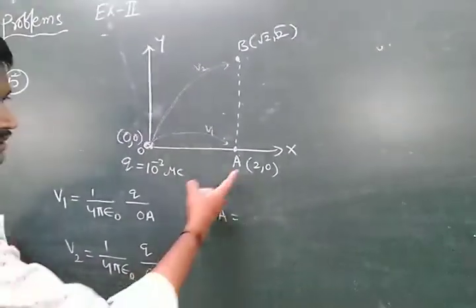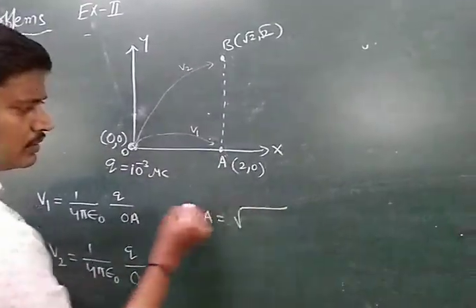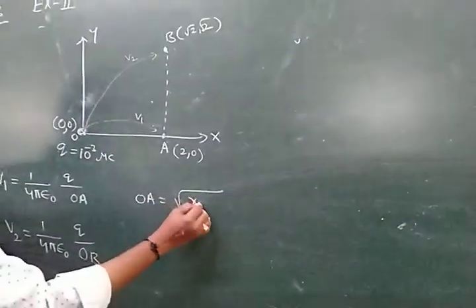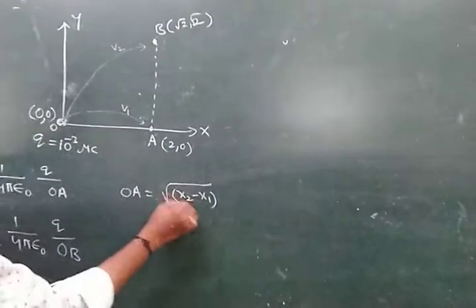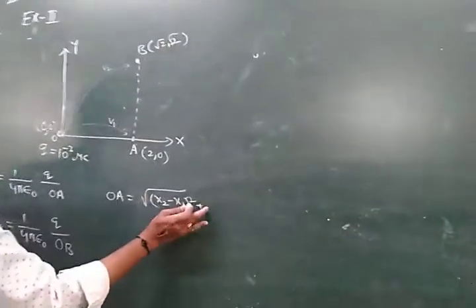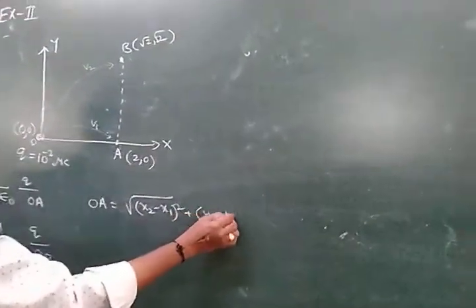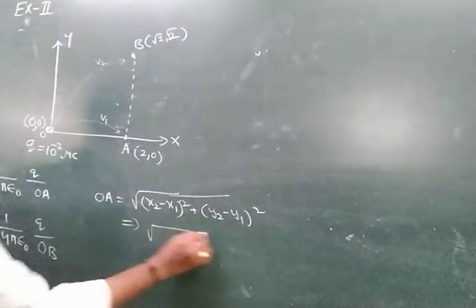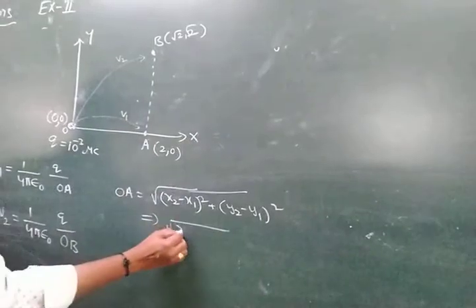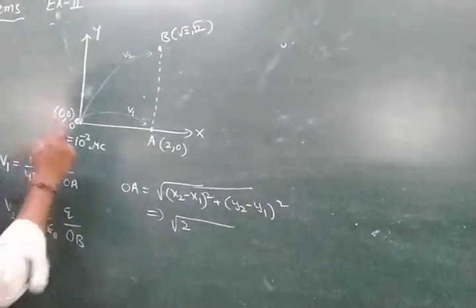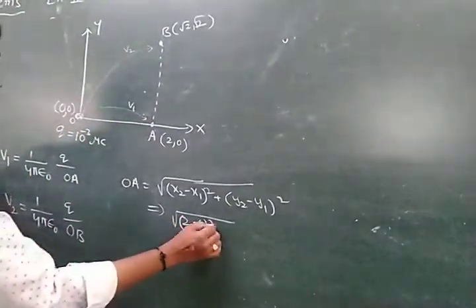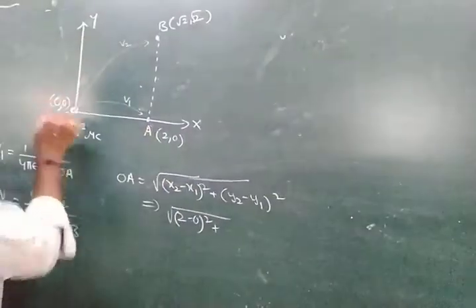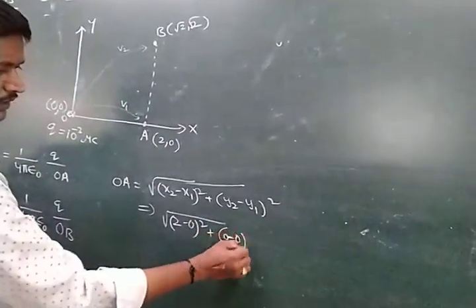OA is equal to the square root of, what is that formula? x2 minus x1 whole square plus y2 minus y1 whole square. This is the distance between 2 points formula. x2 means 2 minus 0 whole square plus y2 0 minus 0 whole square.